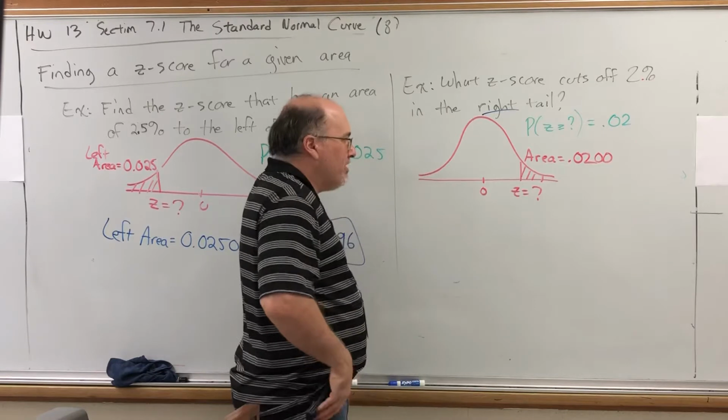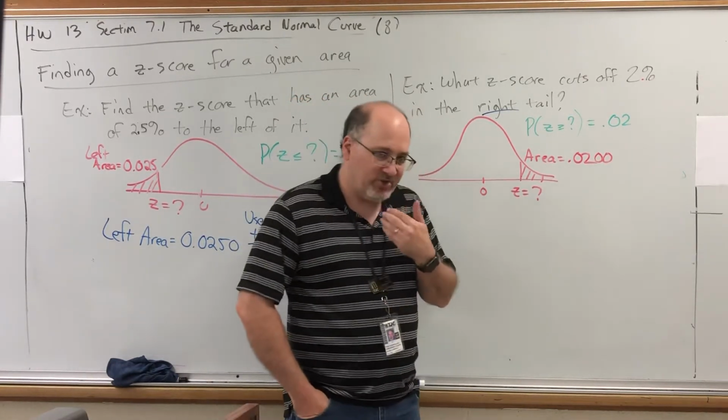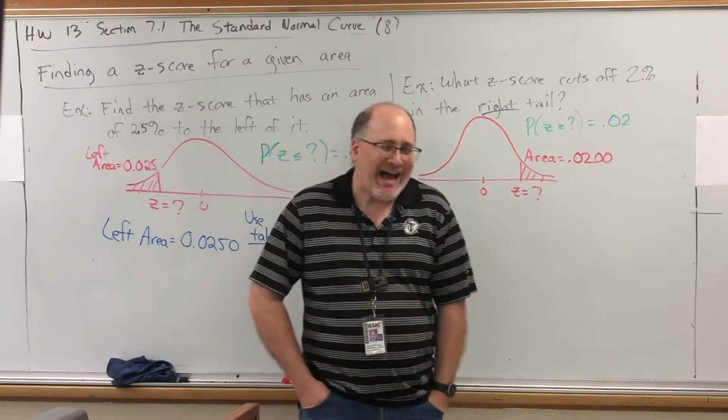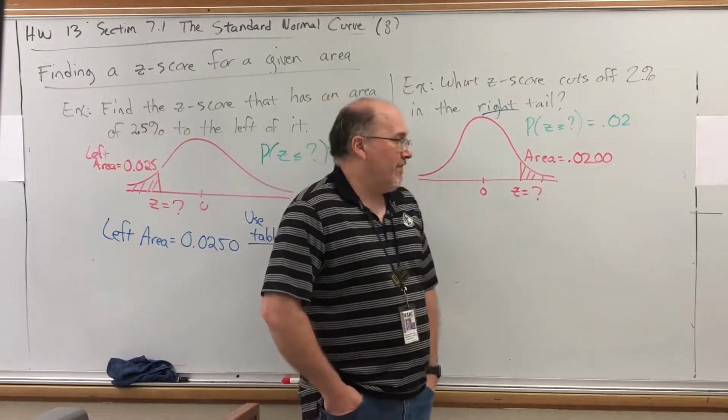So, how are we going to find that z when our table tells us left areas and this is a right area? Well, we're going to do the same thing we did before. Not a subtraction problem, but take advantage of the left area.